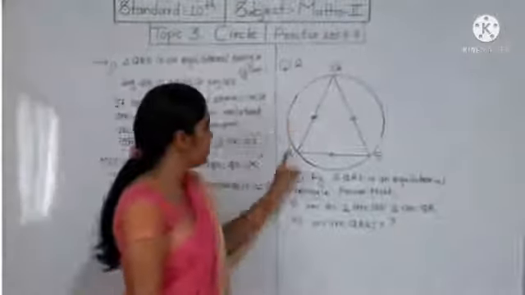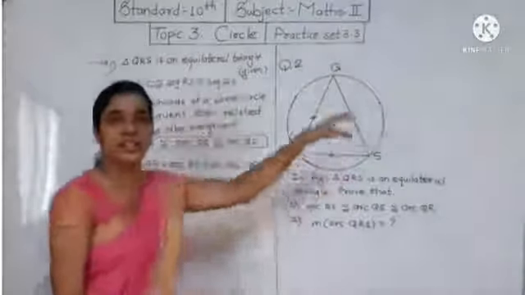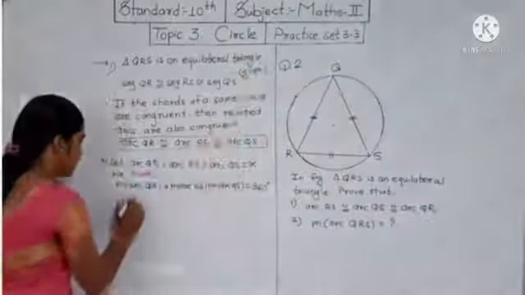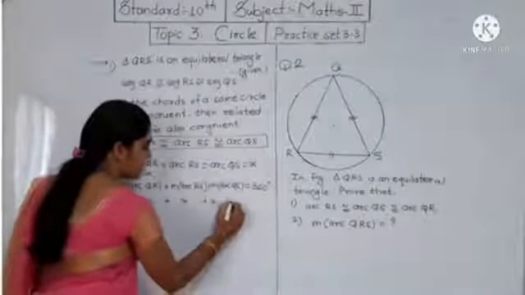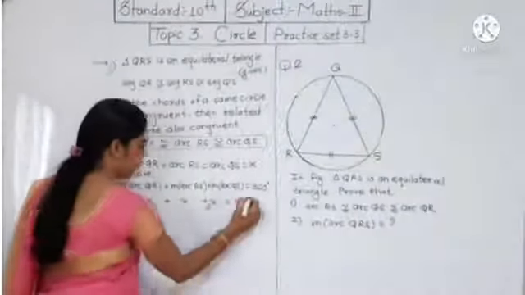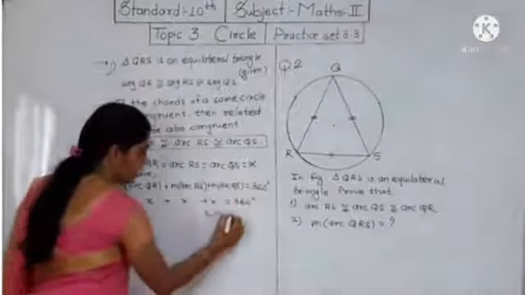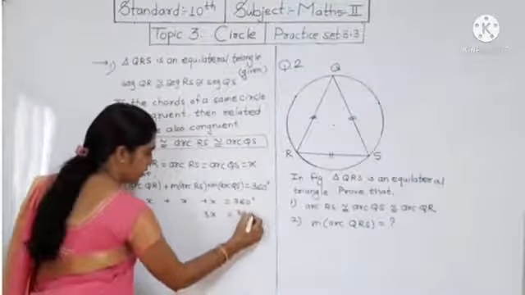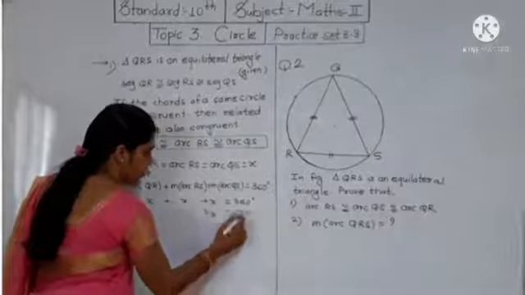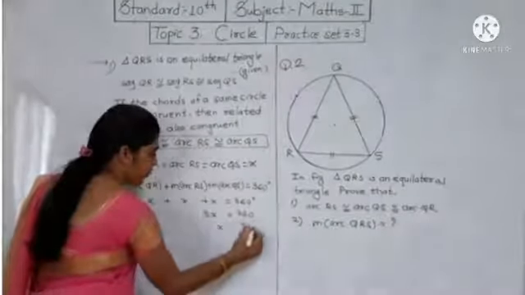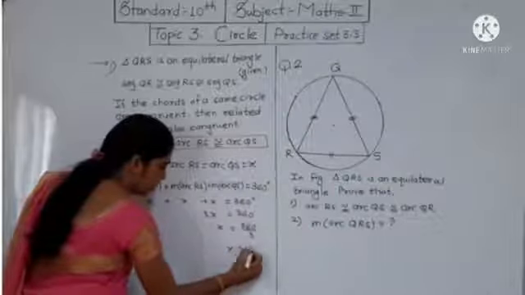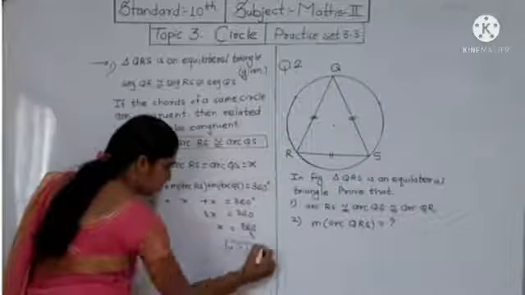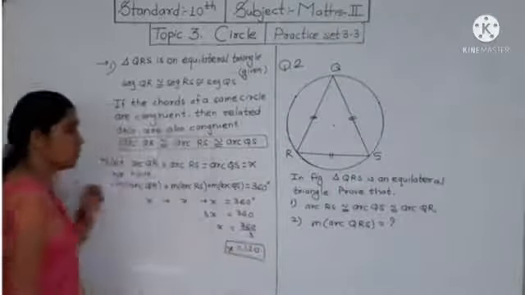See, the sum of these three arcs is 360 degrees, that is the complete circle. Therefore, x plus x plus x is equal to 360 degrees. Therefore, 3x is equal to 360 degrees. Therefore, x is equal to 360 upon 3. 3 ones are 3, 3 twos are 6, 0. We get the value of x as 120.